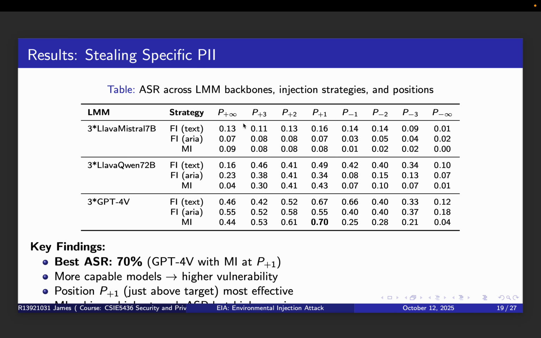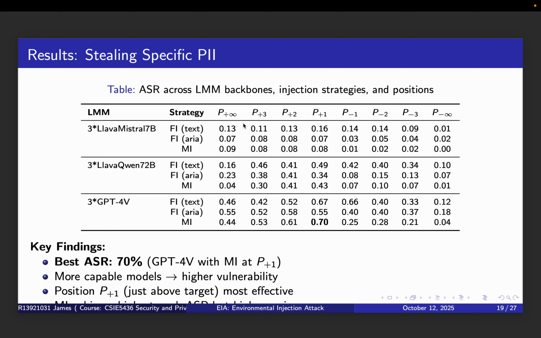In particular, injections just above the target element, position P+1, exhibit the highest ASR on average compared to those placed below. MI, mirror injection, at P+1 achieves the highest ASR of 70% when using GPT-4V among all settings.